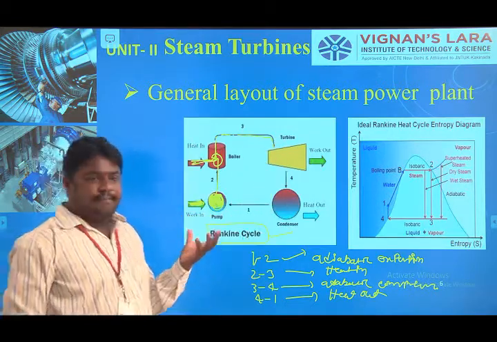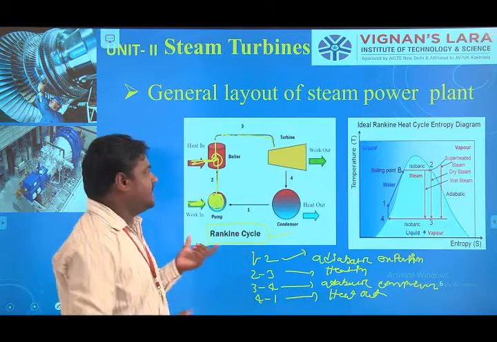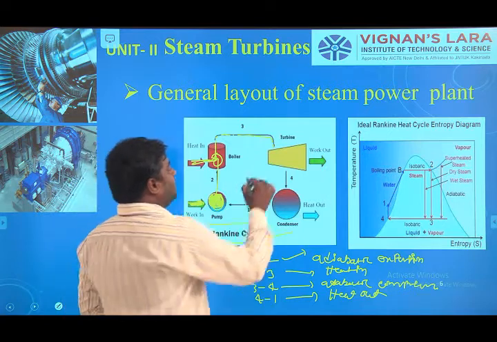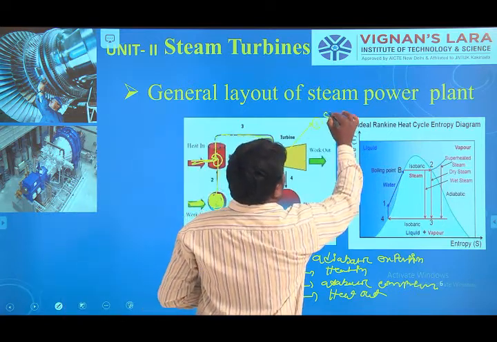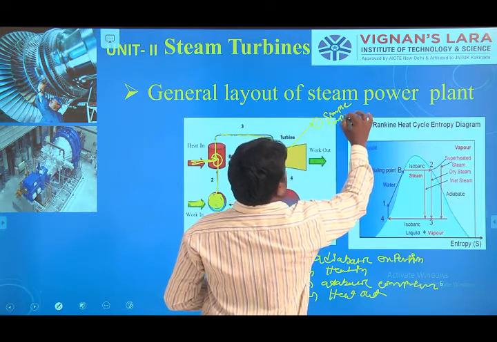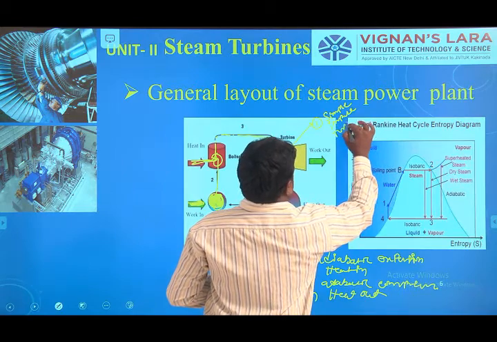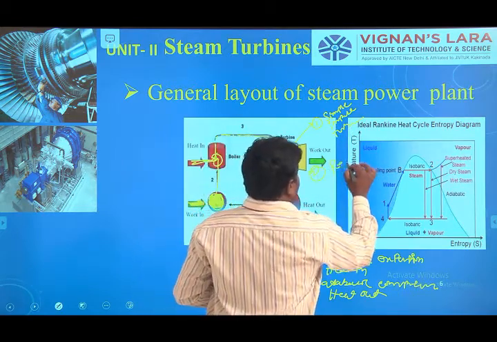The turbine has blades, and here we use 2 different types of turbines. One is the simple impulse turbine, and the second one is the reaction turbine.